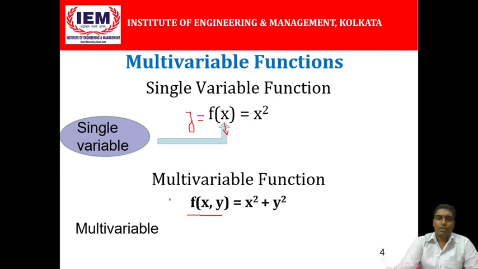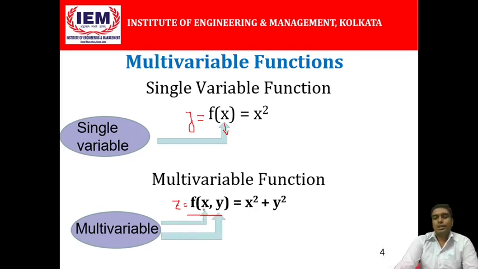If I call this function z equal to f(x,y), defined as x square plus y square, then x and y are the two independent variables. It is one example of a multivariable function.